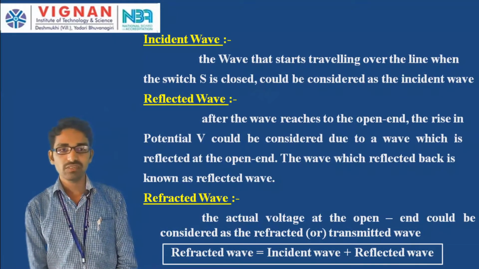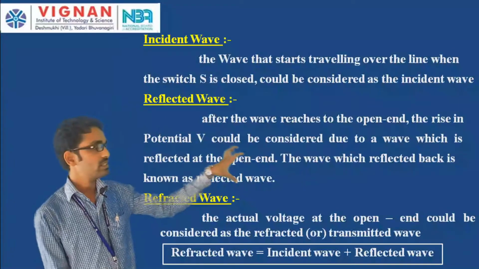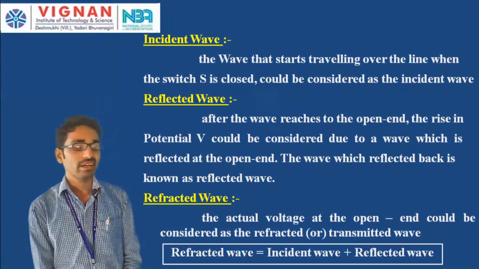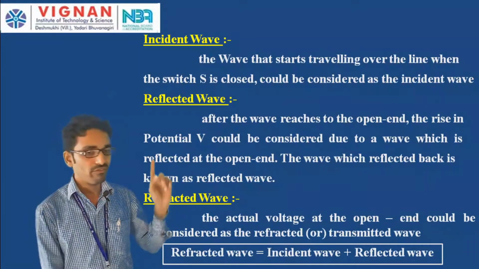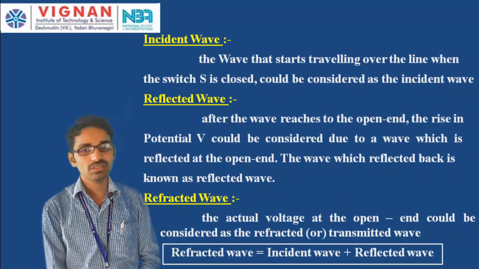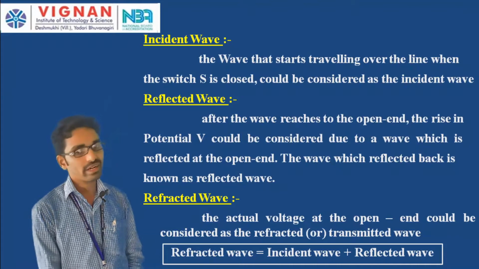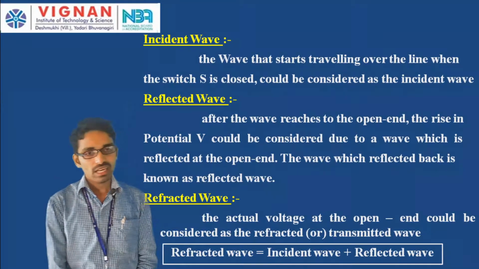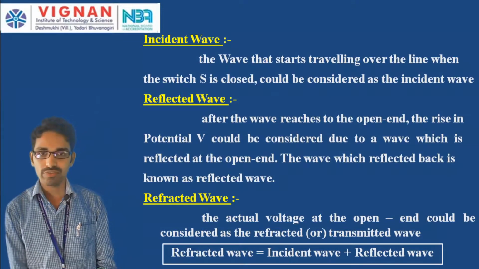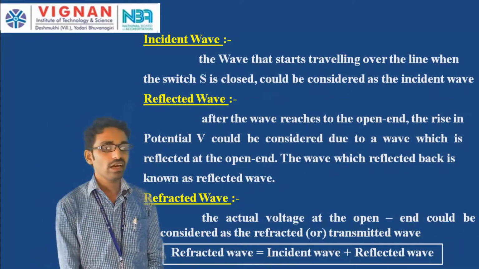Next, the reflected wave. After the wave reaches the open end, the rise in potential V is due to a wave which is reflected back at the open end. The wave which is reflected back is known as the reflected wave.